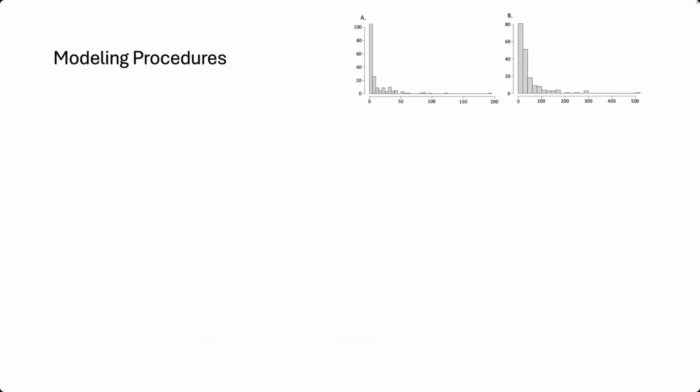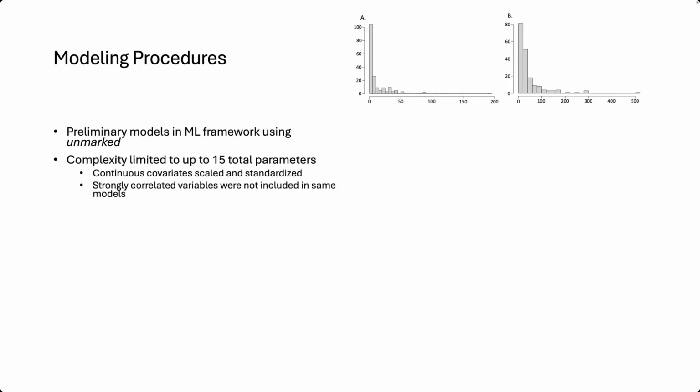So what kind of modeling procedures did we do here? For our analysis for N-mixture models, I'm just going to run through this pretty quickly just so you have an idea of how we approached the modeling, but it's fairly complex. For now, we initially did preliminary models in a maximum likelihood framework using the R package unmarked, which is designed specifically to deal with these types of hierarchical models where we're not actually marking individuals.